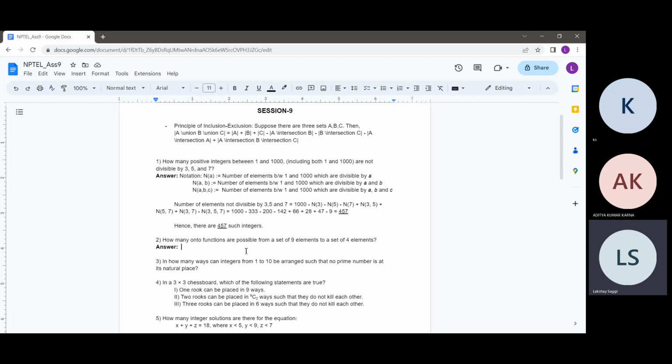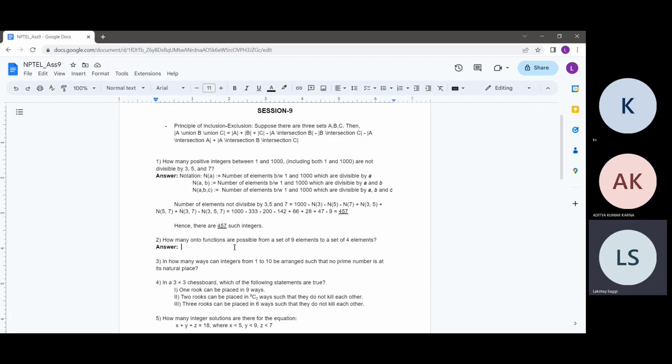What is an onto function? An onto function is a function in which every element of the codomain is mapped, like codomain equals range. Here the size of the codomain is 4, so I need those functions which have a range of 4. So each of these 4 elements should have at least one pre-image amongst these 9 elements, right, guys?